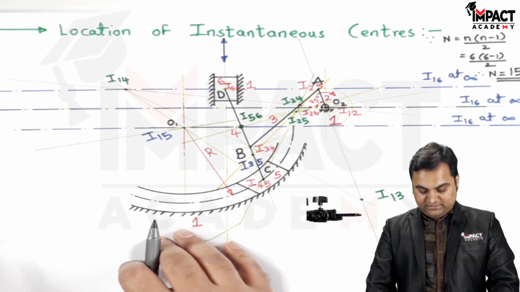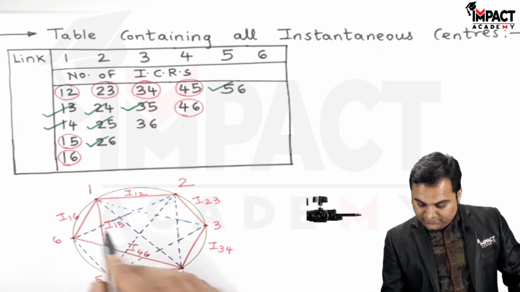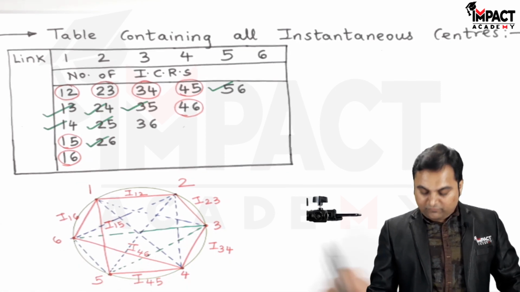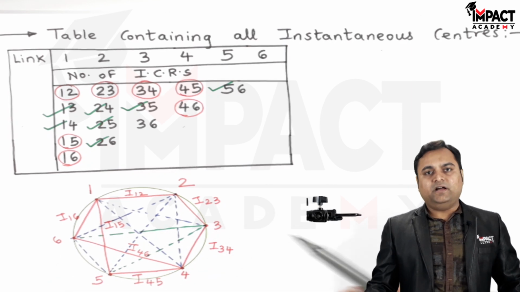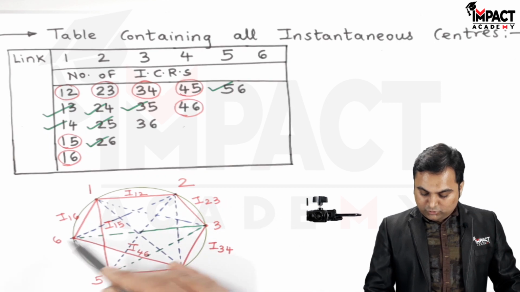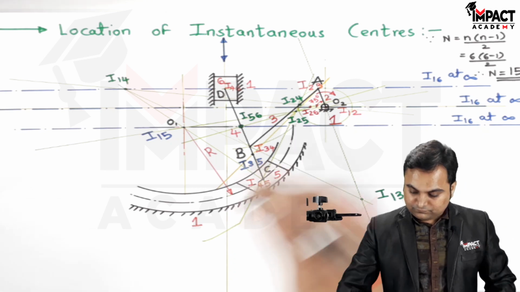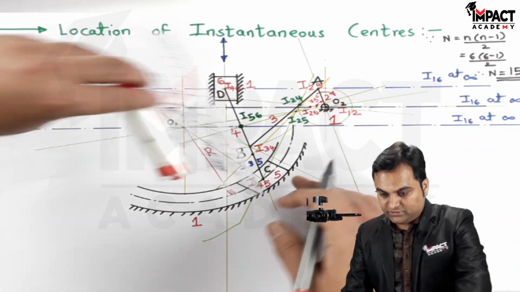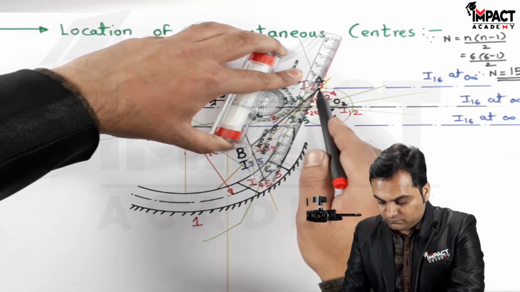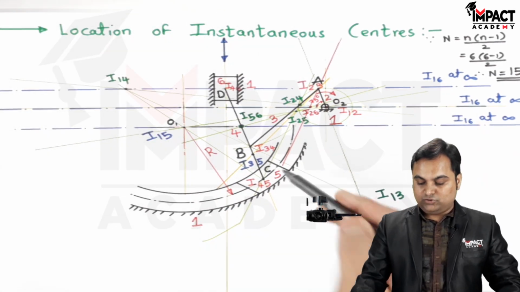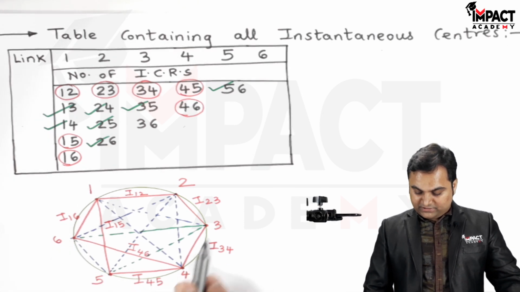Now only I36 is left, and for that connecting 3 and 6, forming two sets of triangles, that is 2 3 6 and 3 5 6. We can take any other pair as well. So I am taking 2 3 6, that is 2 3 and 2 6 would be joined. This is 2 3 and here there is 2 6, connecting with the help of a light line. This line shows 2 3 2 6, then 4 6 and 3 4.